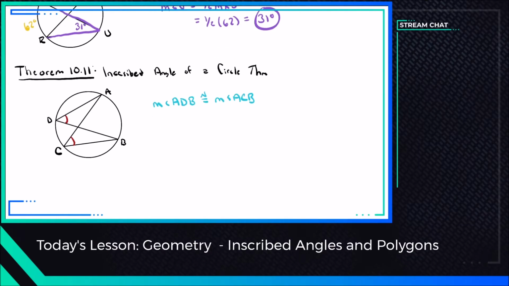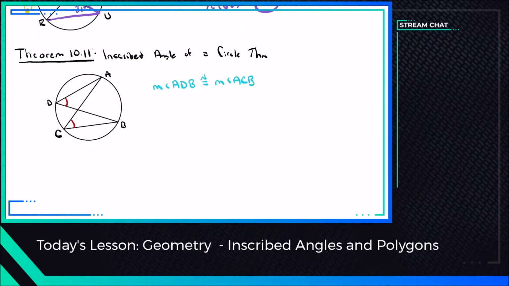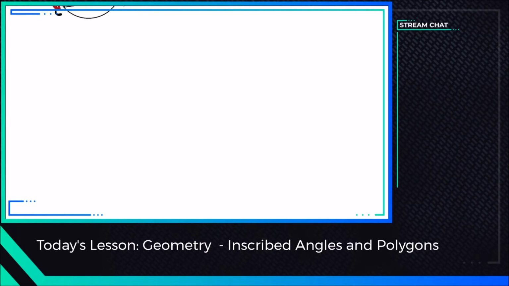All right, if we have two circle or inscribed angles that share the same two endpoints, and all we do is move the vertex, then those two angles are going to be congruent. So if we apply that now to an example, we're going to draw this blue angle here, and then we're also going to draw this yellow angle right here.